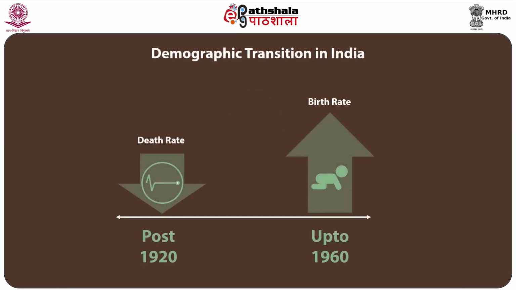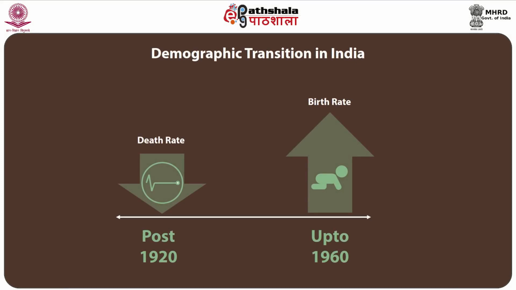Firstly, the evidence shows that India is following a pattern of demographic transition currently, but with a late beginning and a slower pace initially. In India, the death rate began to fall perhaps somewhere in the 1920s, but the birth rate remained high during those periods.